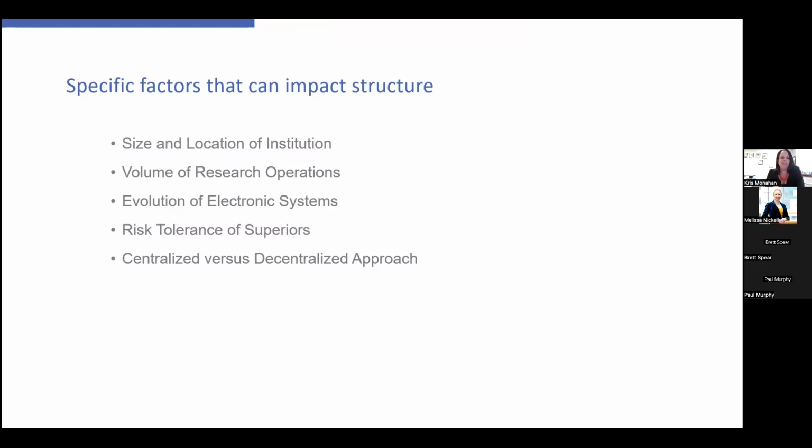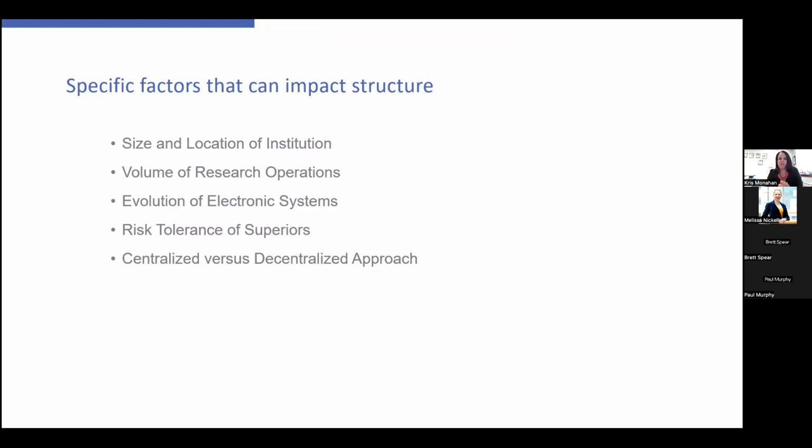All of these kinds of things can impact the organizational structure that you decide and how you want to deliver your services. Certainly, the volume of your research is going to impact how you structure the service that you provide in the operations. If you're a tiny organization, it may be that you're starting with a core 1 or 2 people.